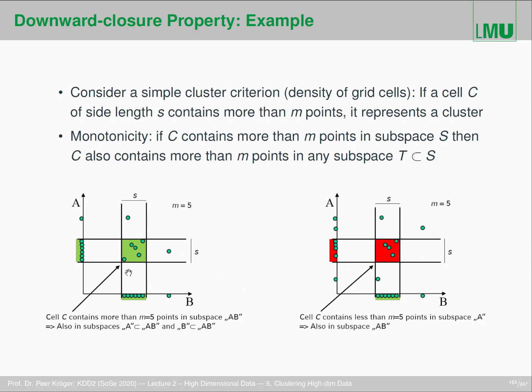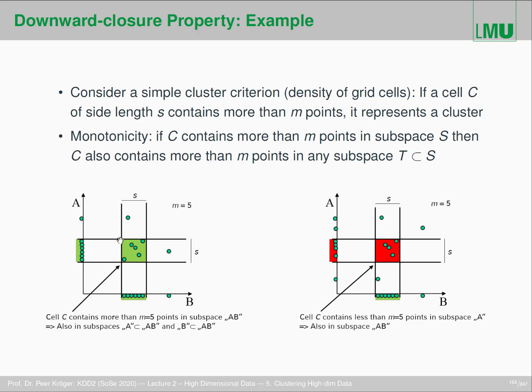Here is the example where the cell C, for m equals 5, contains exactly 5 points. So it's typically greater or equal to m points, so this is dense in that case.